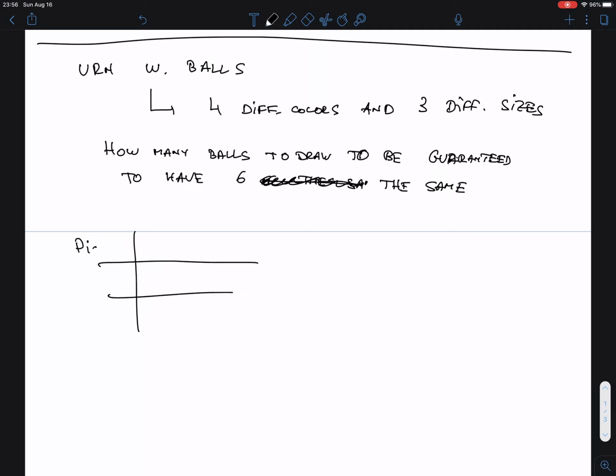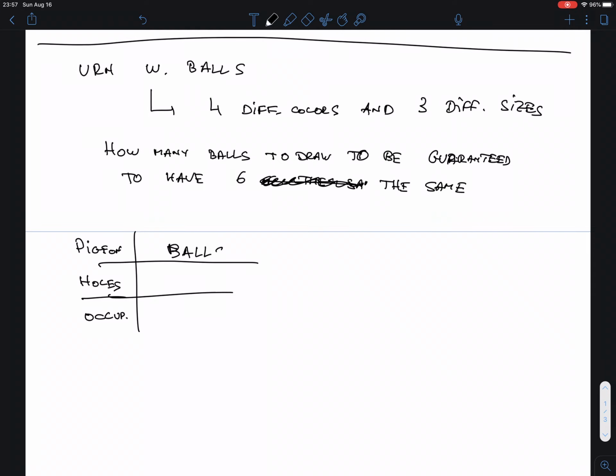Let's analyze this. The question might not be entirely clear yet. Sometimes you don't understand everything yet, but let's figure out what we know. The pigeons: we are drawing balls here, right? From this huge urn, let's assume there are quite a lot of balls. We don't have to worry about the number of balls. So the pigeons are the balls.